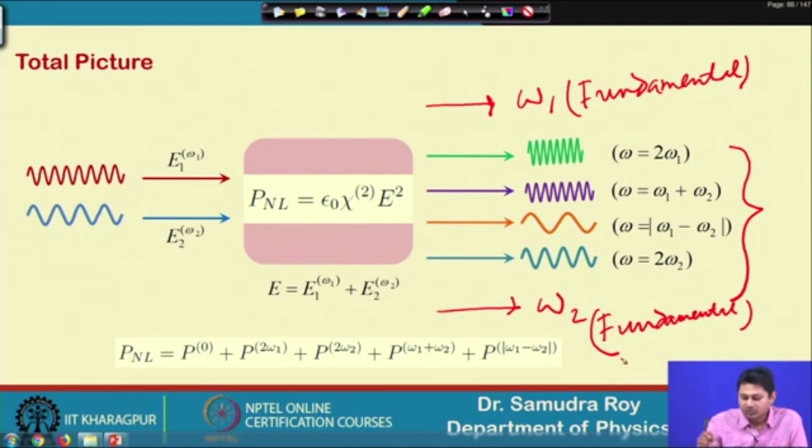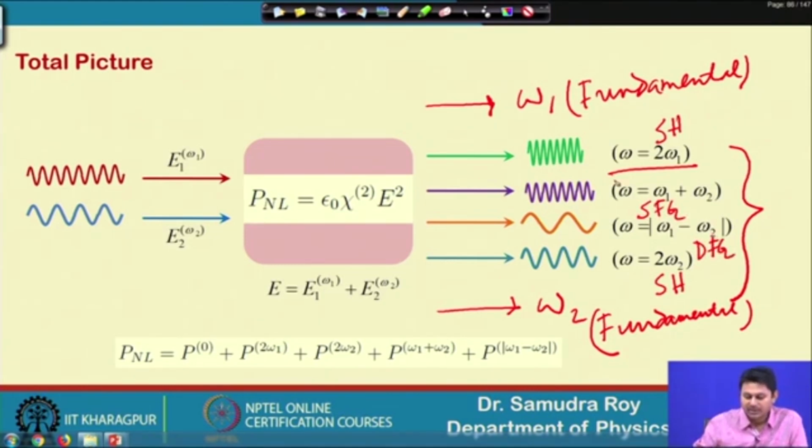But apart from that, we have the second harmonic of the fundamental. This is also a second harmonic, where the fundamental is represented by omega 2. This is the sum frequency generation and this is the difference frequency generation.